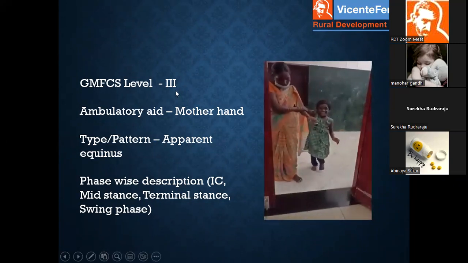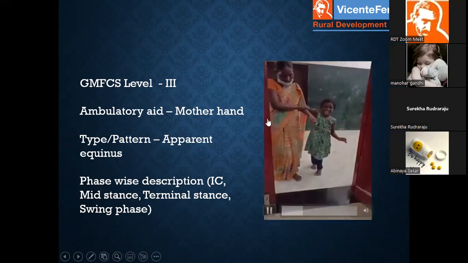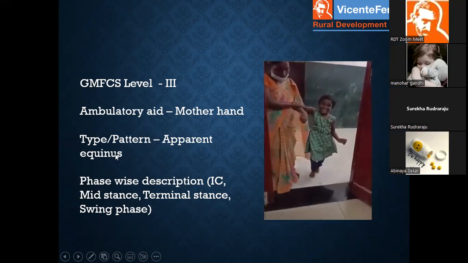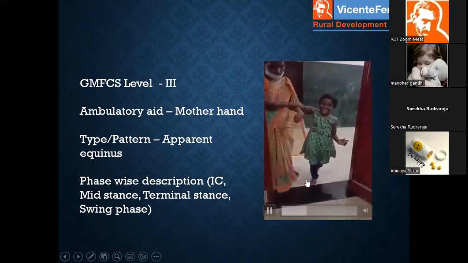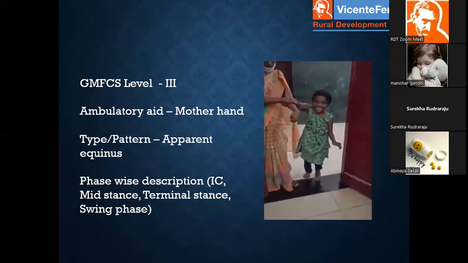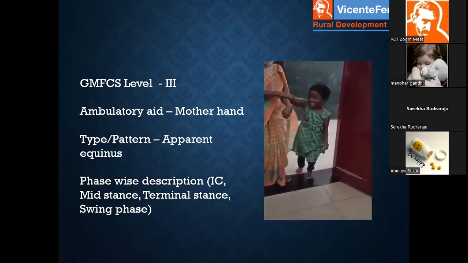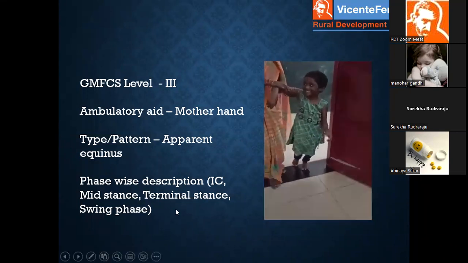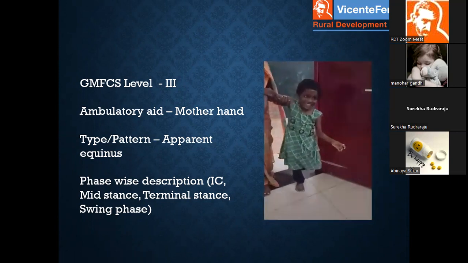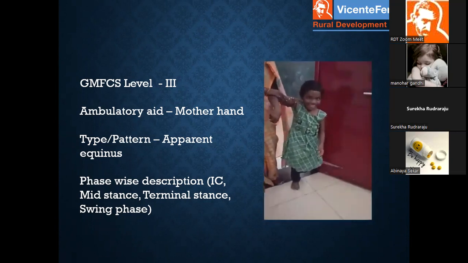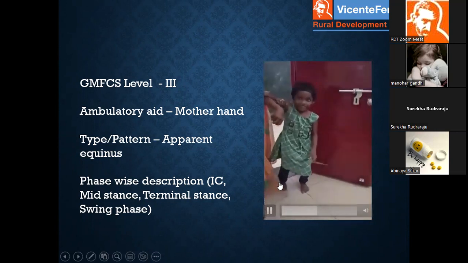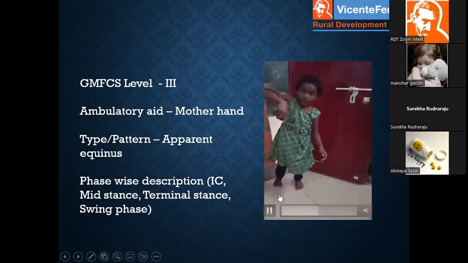It's GMFCS 3 as she is requiring help, the mother's help. So the ambulatory aid here at least is the mother's hand. So description: initial contact, toes. So what's happening in the mid stance? Knee flexion and the foot is flat, sir. So the knee appears slightly flexed in the stance phase. Yeah, so the knee is still flexed in the stance phase.